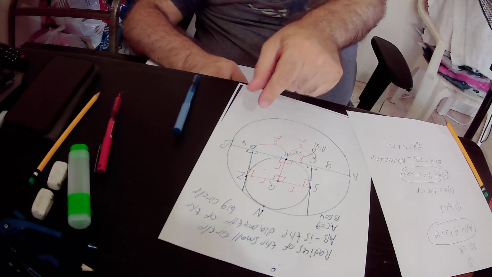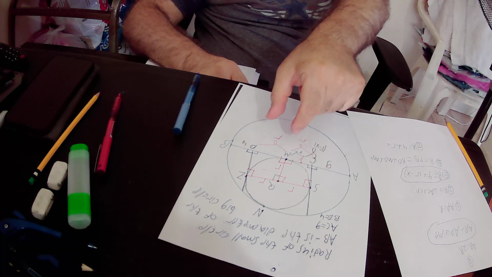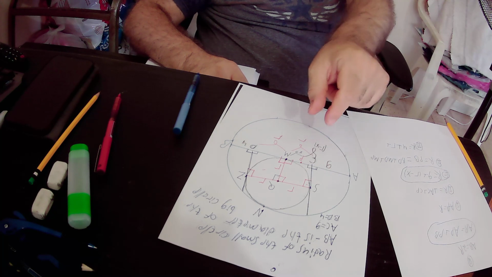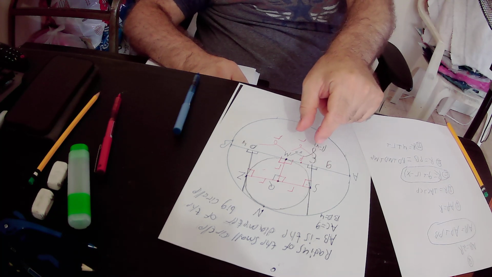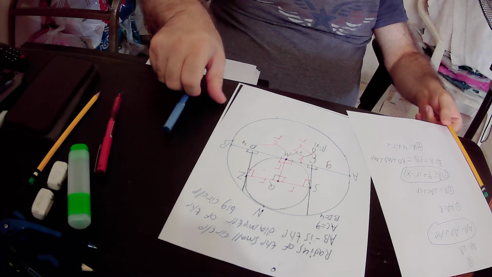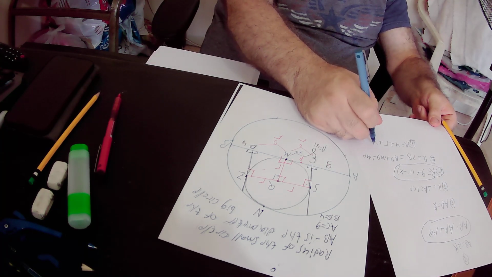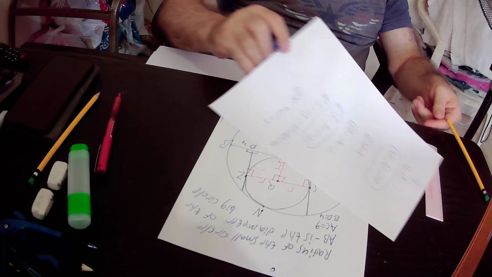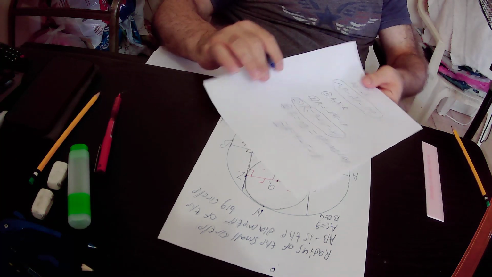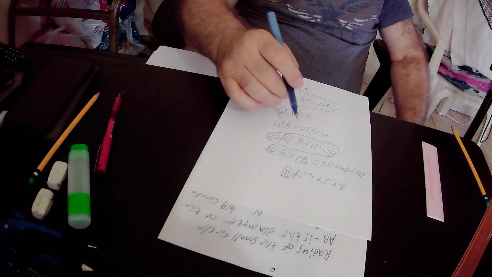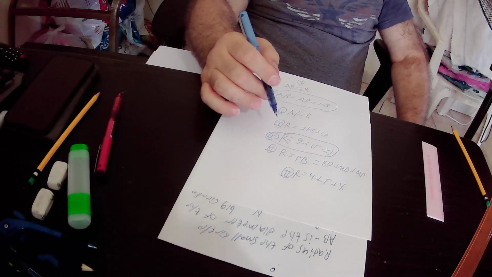Okay, BD equals 4 units, MD equals small r, and MP equals x according to our definition. So we got that the radius of the circle according to equation number 2 is 4 plus r plus x.